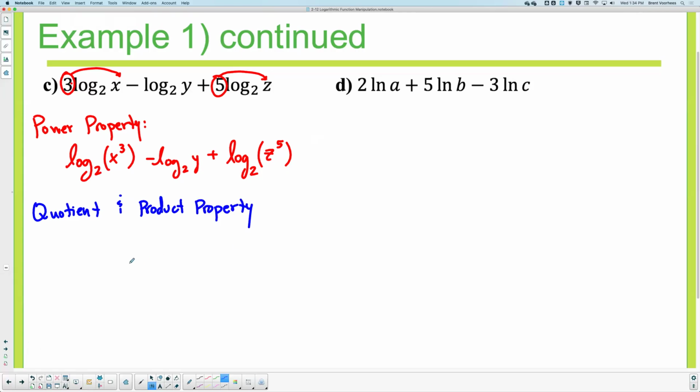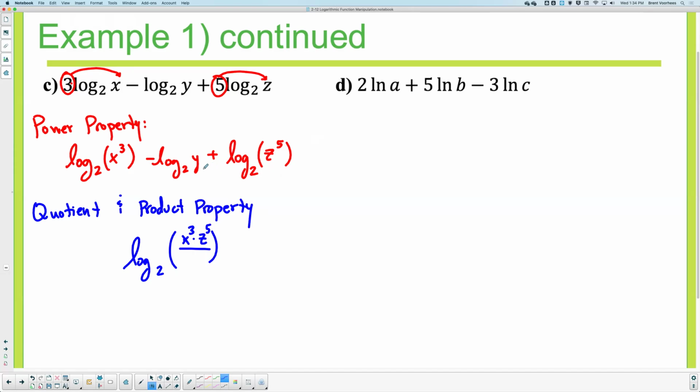Three clean logarithms, that's going to be a log with a base of 2. Since quotient is involved, there will be a division. So what goes to the numerator here? X cubed and z to the power of 5. That's because this is a positive log. Notice it's not going to multiply with y just because they're back to back.